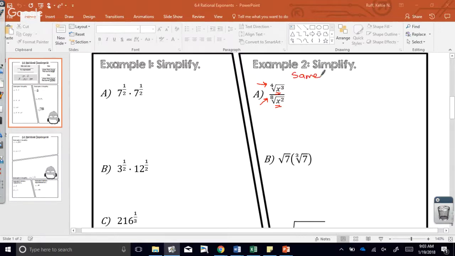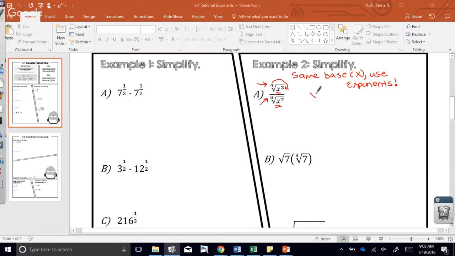So I'm going to write that they have the same base, and the base is x. Same base means that we are going to use exponents practice.